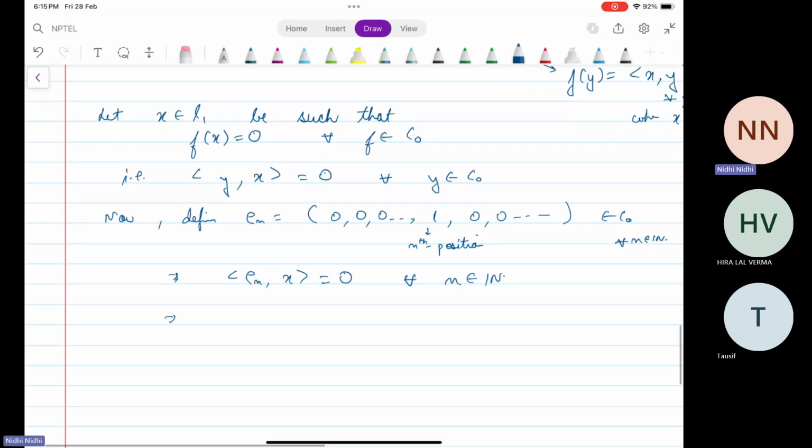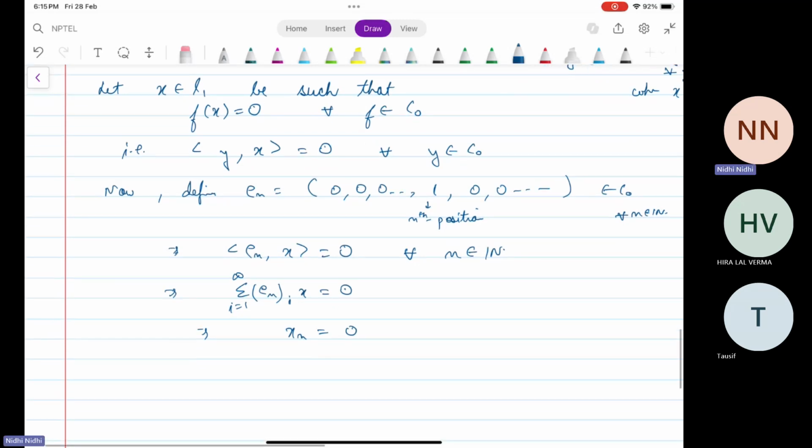And that means summation i from 1 to infinity e_n(i) x(i) is equal to 0. So this is basically just the nth term because the rest of the terms are 0. This is for every n in N. That means x is the 0 sequence.